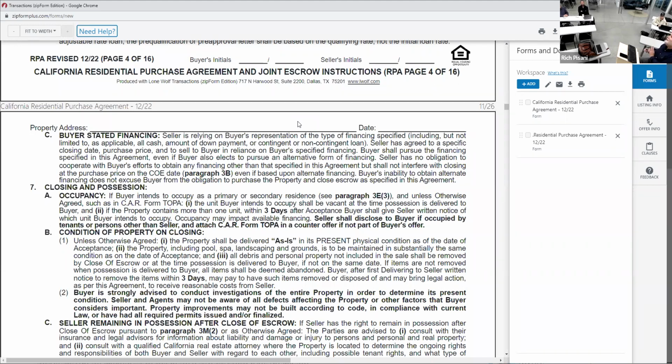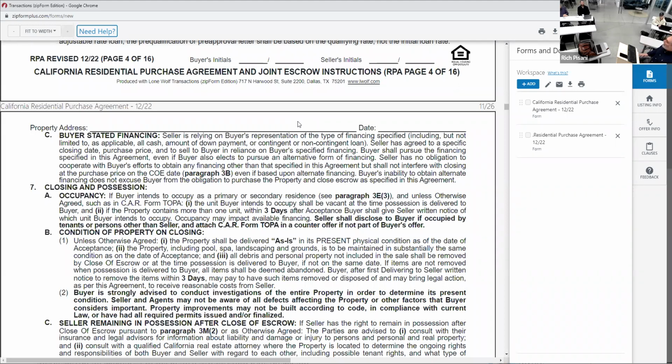If they want to do an appraisal, seller really doesn't have to allow that to happen, because that involves allowing somebody into their home. Now, is it really a problem for the seller to let somebody in the home to do an appraisal?